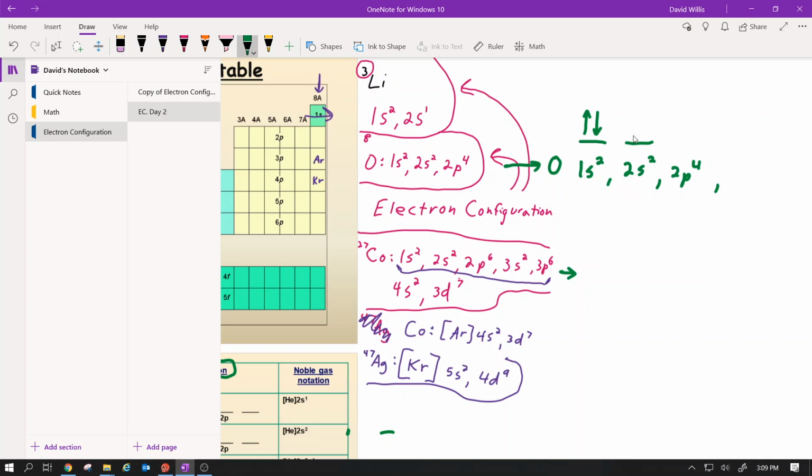2s2. Again, 2 electrons. One up, one down. Now, we are on to 2p. Remember that the p sublevel has 3 orbitals, one in the x, one in the y, one in the z, the little dumbbells.